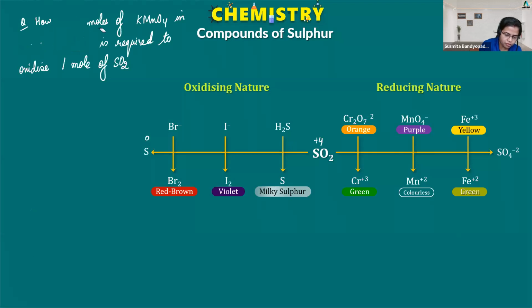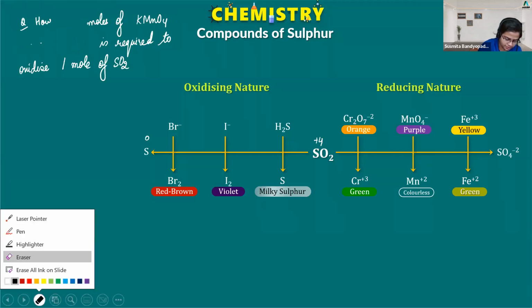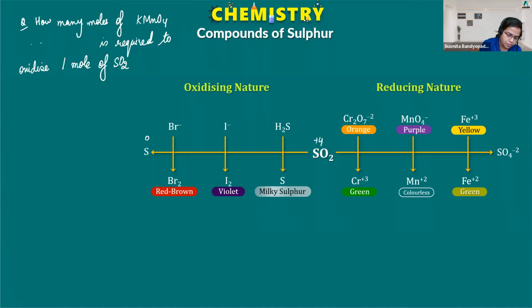This would be better: how many moles of KMnO4 is required to oxidize 1 mole of SO2?